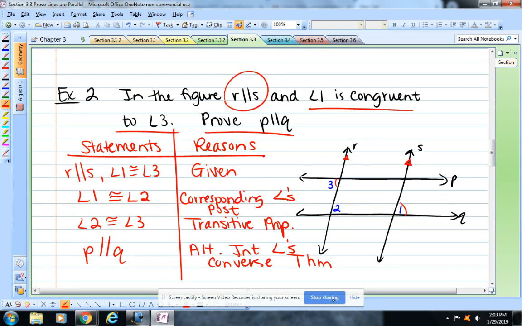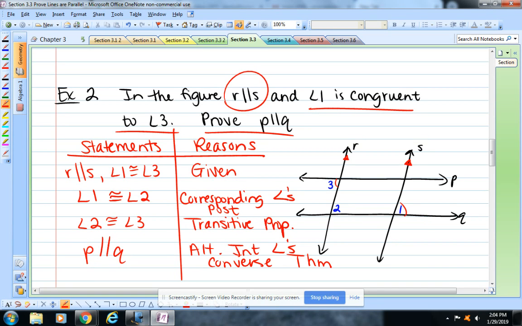Y'all see that? Converse theorem says if they are congruent, then the lines are parallel. And that's what I was trying to do, prove parallel. So if you say the lines are parallel, you have to use a converse theorem to say that. Okay? You have to use a converse. So if I leave out the word converse, this is wrong.